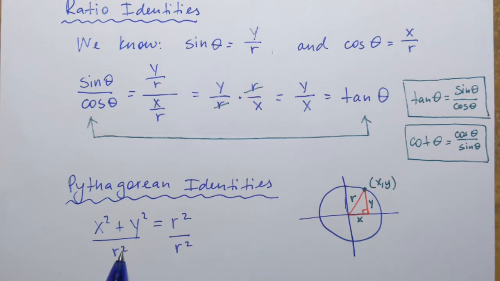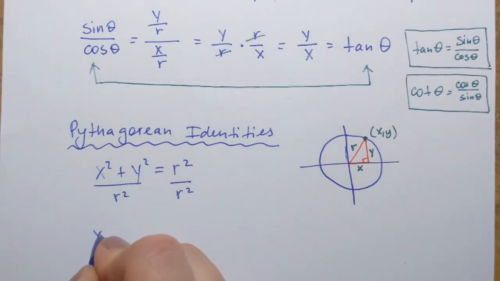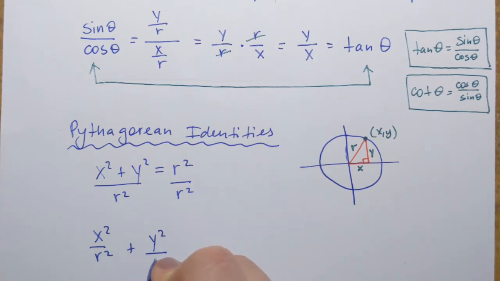Now on the left-hand side, I'm going to divide each term in the numerator by r squared. In other words, I'm going to separate the left side into two fractions. So that's going to be x squared over r squared plus y squared over r squared. And on the right-hand side, it's r squared over r squared.